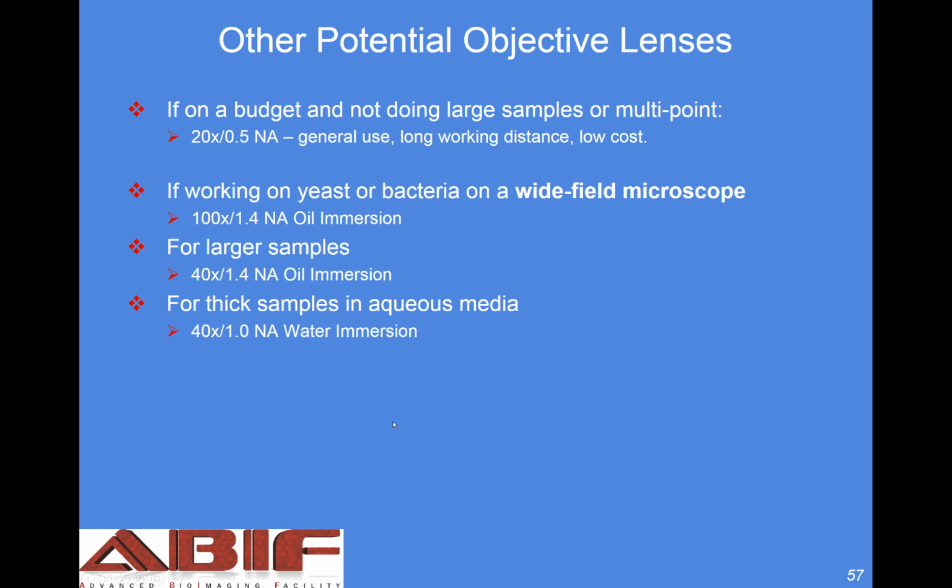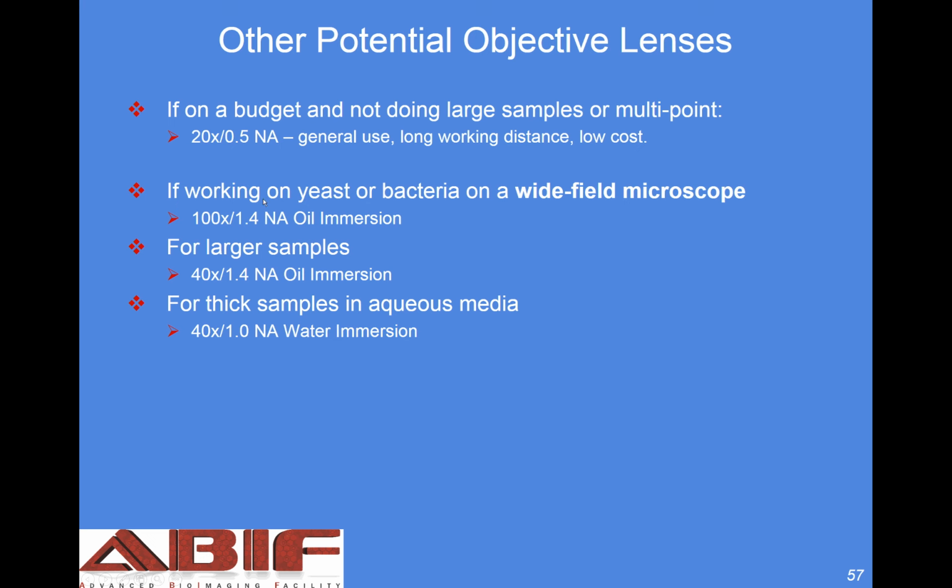If you are on a budget and you're not doing large samples or multi-point, then a 20x.5 is also a great general use lens, and it will have a bit longer working distance, which can be helpful and a lower cost. If working on yeast or bacteria on a wide field microscope, those are two applications where the 100x lens can be really helpful to get those smaller pixels.